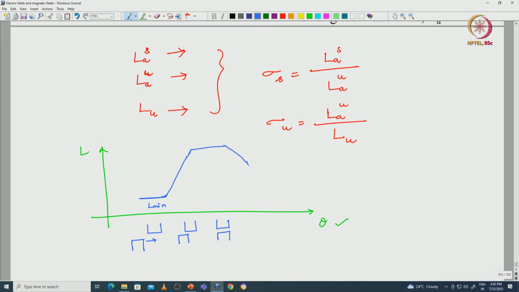After that the inductance will come down with de-energization of the winding, in this fashion. Here L max is the aligned condition, but in the saturated condition the inductance at the aligned position will be higher as compared to this L max, and in the same way this inductance waveform will vary symmetrically.